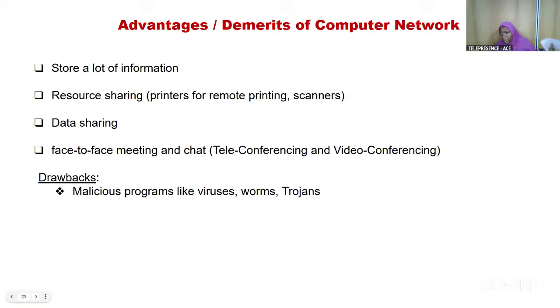So far, this is a good story to say about computer networks. The downside of it is there is a cyber criminal waiting for you at the other end, busy writing malicious programs that are going to deny you access to most of the resources that you cherish.